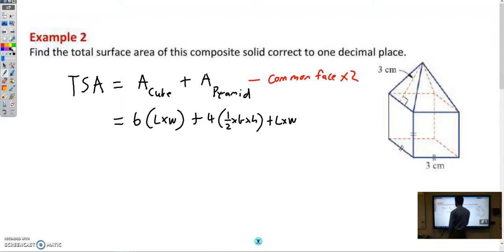Then our common face, which is this face here, where the pyramid meets the cube, is just going to be length times width. So we're going to minus 2 lots of that. I'll keep it red so you can see. Minus 2 times length times width.